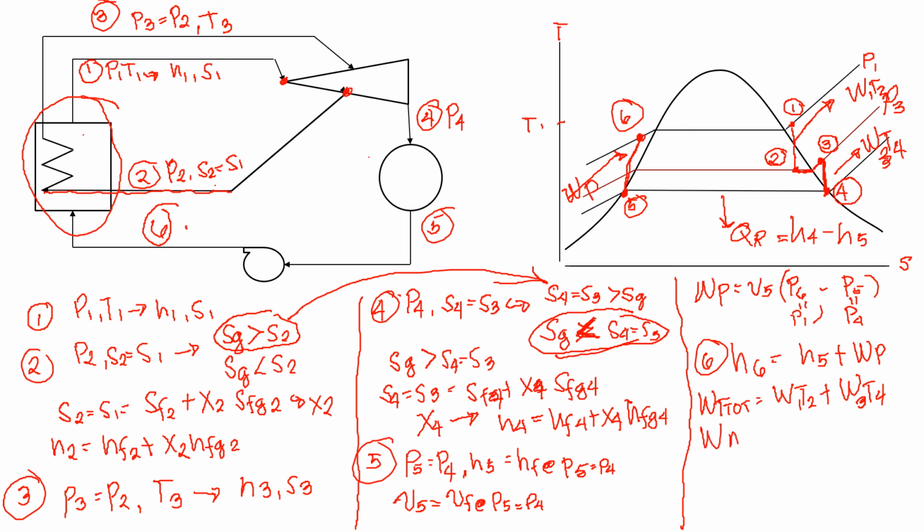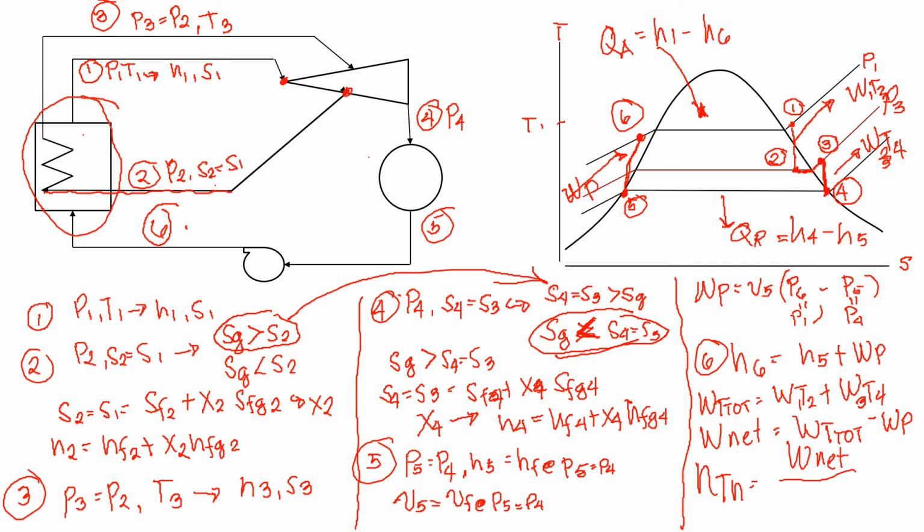Work net is just equal to work turbine total minus work pump. Therefore, also I forgot to find that QA is equal to H1 minus H6. So therefore, your thermal efficiency is equal to work net over QA, or heat applied.